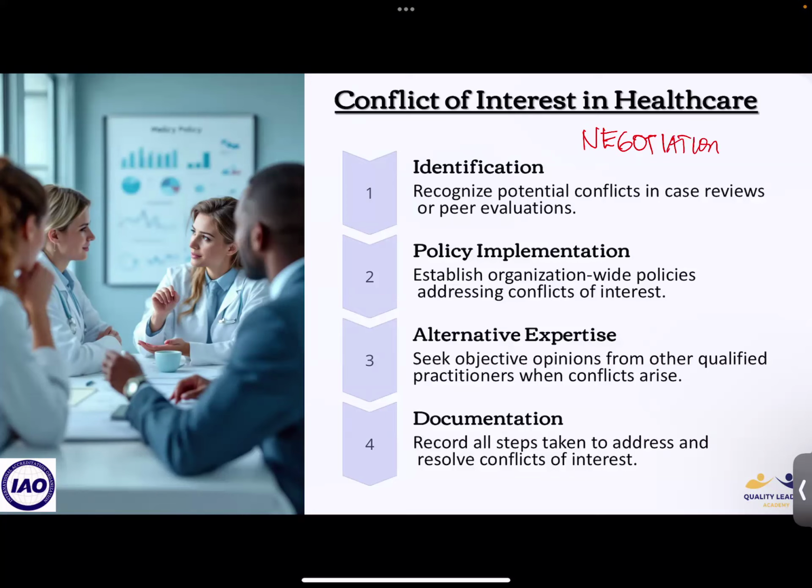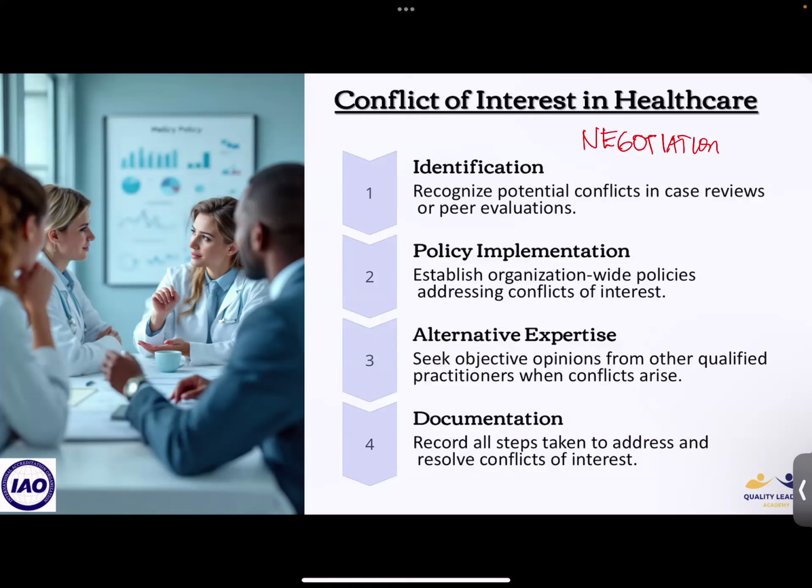Now let's talk about the conflict of interest in the case of, for example, a review being conducted or any evaluation involving staff members. If the person conducting the review has a conflict of interest, or we do discover there is hostility between them and the person being reviewed, then the review must be stopped immediately.